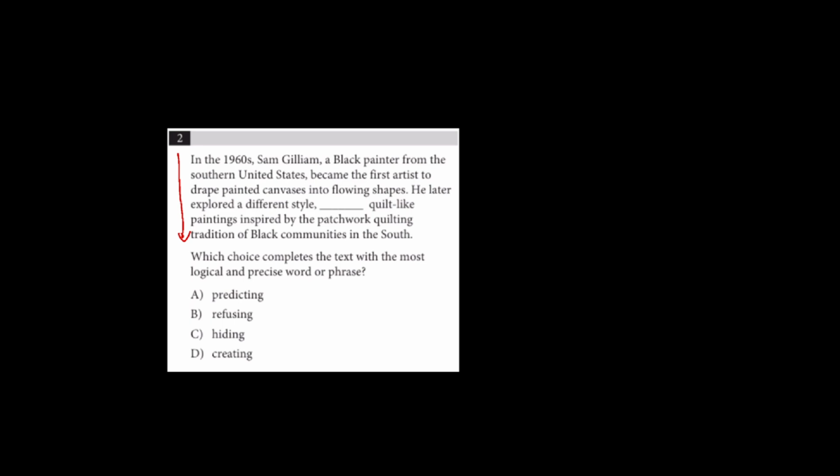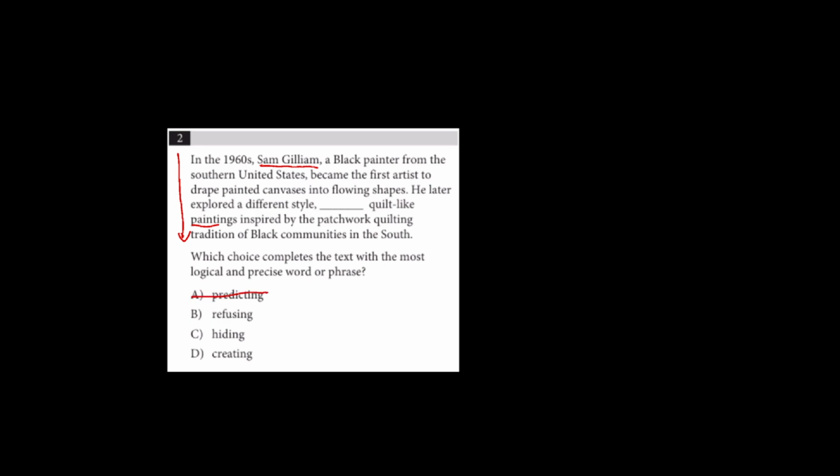So we're looking for a verb here that has to deal with quilt-like paintings. This man, Sam Gilliam, is making something. So we're looking for a word that is the same as making something, or painting, any sort of creative art. So predicting probably doesn't work.